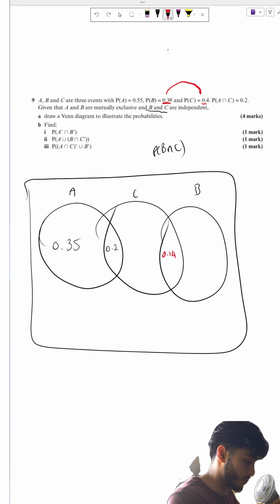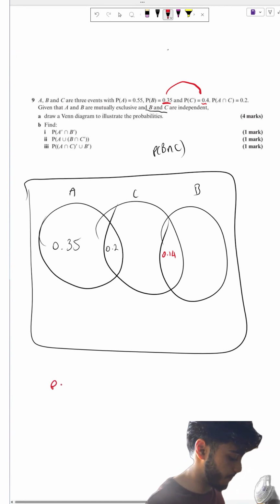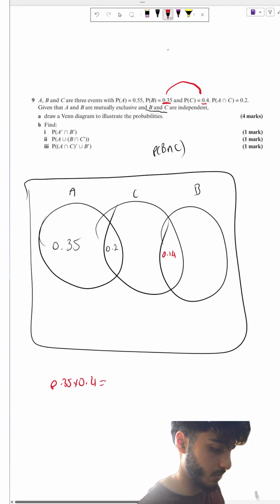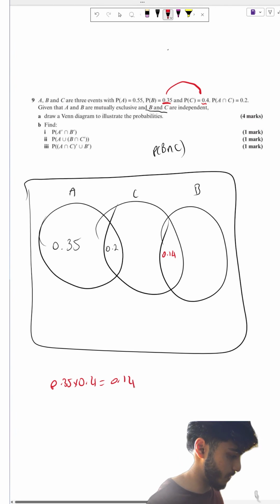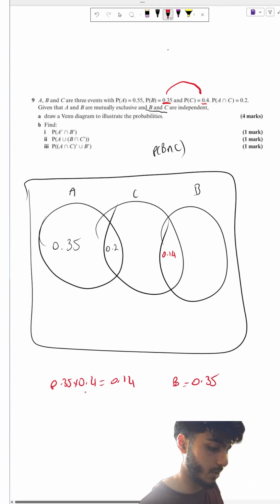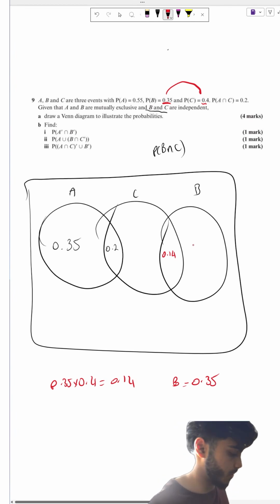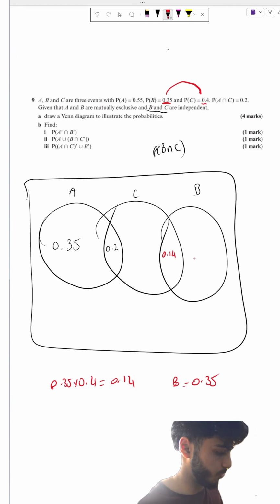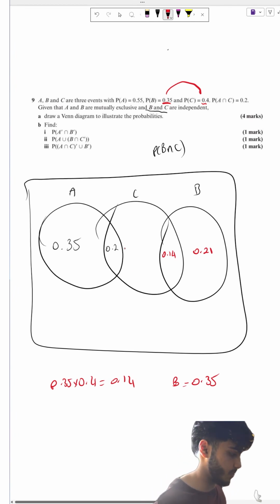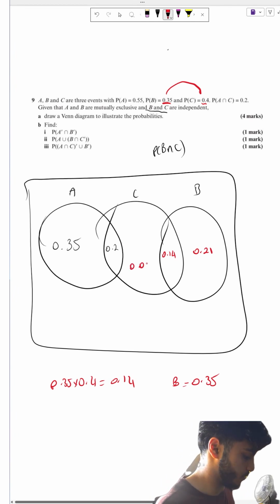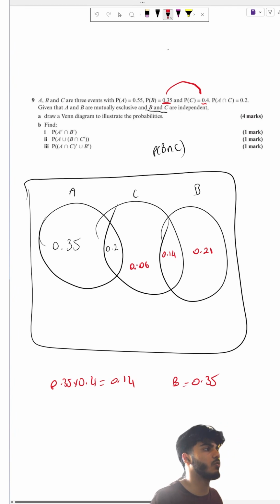I've subtracted 0.2. I get 0.35. Probability of B and C, 0.35 times 0.4. That gives me 0.14. And our probability of B is equal to 0.35. I'm going to subtract. That gives me 0.21 here. 0.2 plus 0.14 gives me 0.34. So this is just 0.06. I just subtracted the wrong value, that's all.